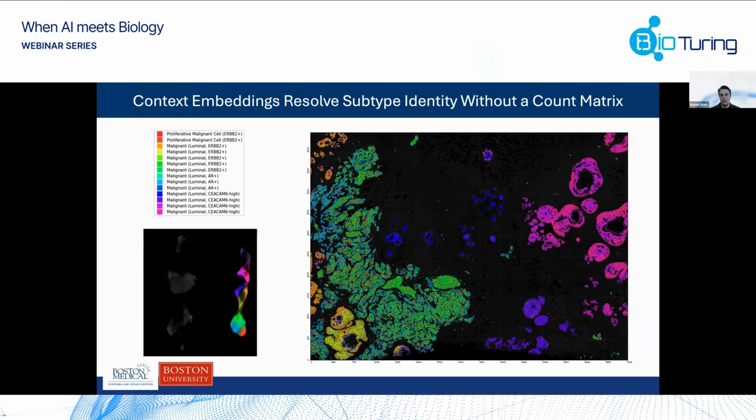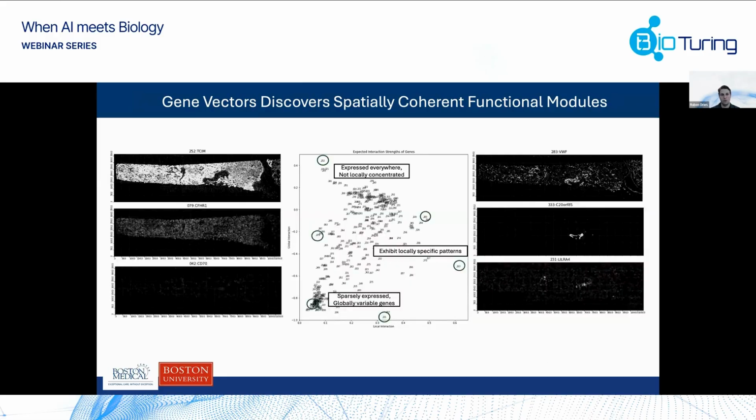And then last, okay, this is just cell typing, but can we also say something about the spatial multiscales? If we can use these gene vectors to discover spatially coherent functional modules, we can do it at multiple scales, since we have these local interactions and global interactions.